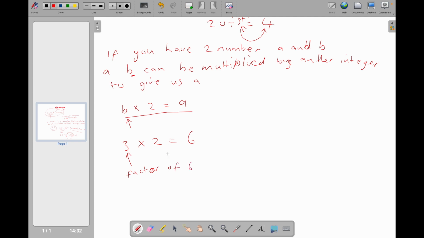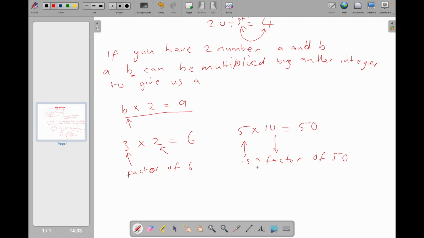And we can see also here 2 is a factor of 6. Let's have 5 multiplied by 10 equals 50. So 5 is a factor of 50. 10 is a factor of 50.